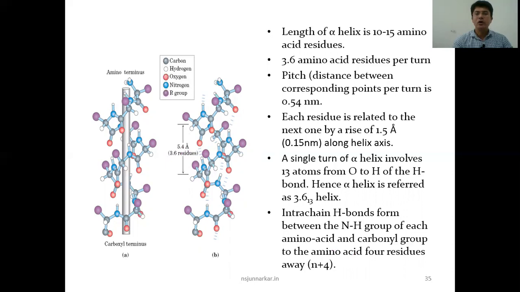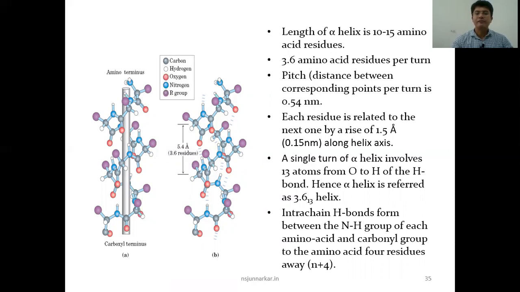A single turn of alpha helix involves 13 atoms from oxygen to hydrogen of the hydrogen bond. Hence, alpha helix is often referred to as 3.6 13 helix. It can also be that the helix can have 10 atoms, and accordingly it is referred to as 3 10 helix, that we saw in the previous table of the Ramachandran plot.